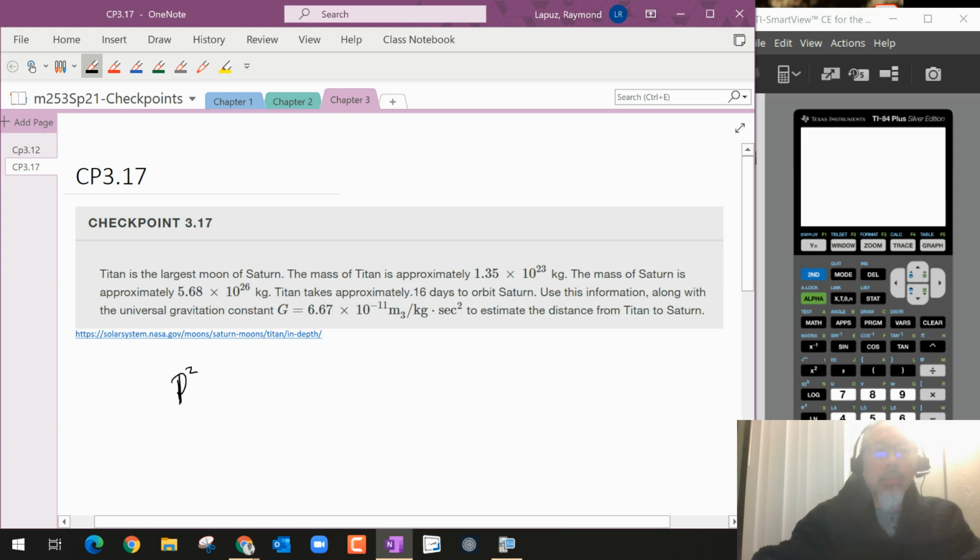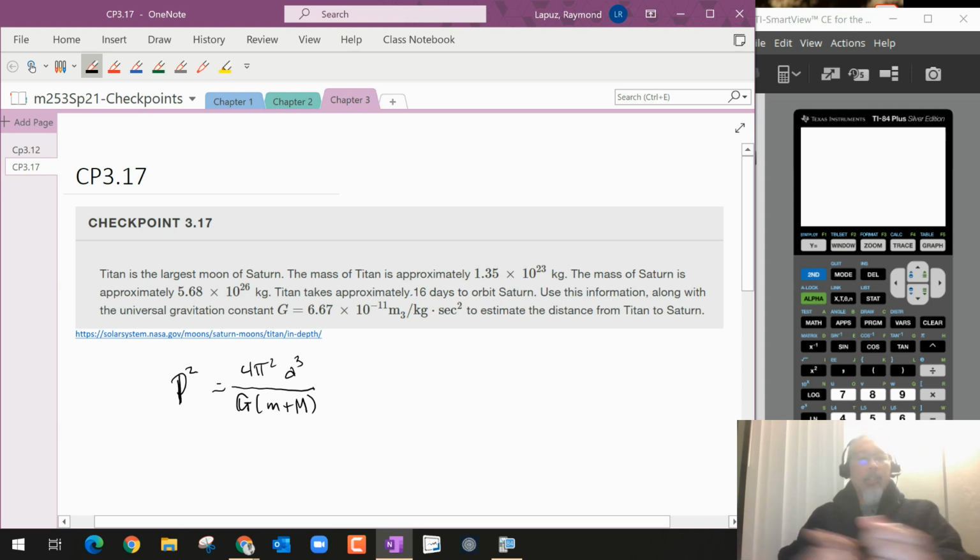So this is the moon going around Saturn, and this is supposed to be equal to 4 pi squared times a cubed, and we want to divide that by the gravitational constant, and then the sum of the two masses. So this is our formula that we're going to use.